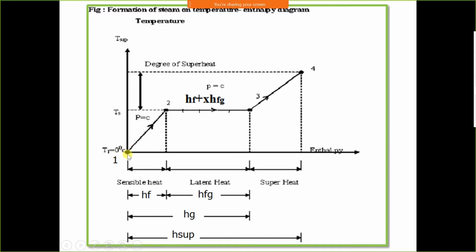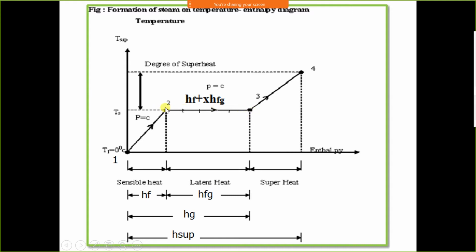When we remove latent heat from the water at 0 degree Celsius, water converts into ice. When we add latent heat to the ice at 0 degree Celsius, ice converts into liquid. Similarly, at 100 degree Celsius, saturated liquid can be converted into saturated vapor at the same 100 degree Celsius.